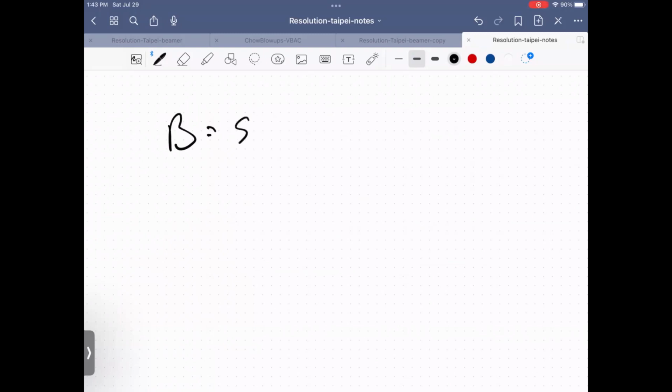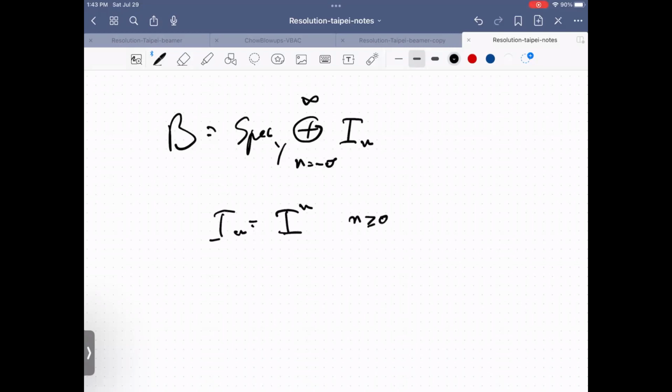But so what is B is a spec over Y of the direct sum, but it's not a proj because I'm taking from minus infinity to infinity of I^n, where n is bigger or equal to 0, and O for n less than or equal to 0. So it's a very simple algebra that you make out of the ideal that you want to blow up.